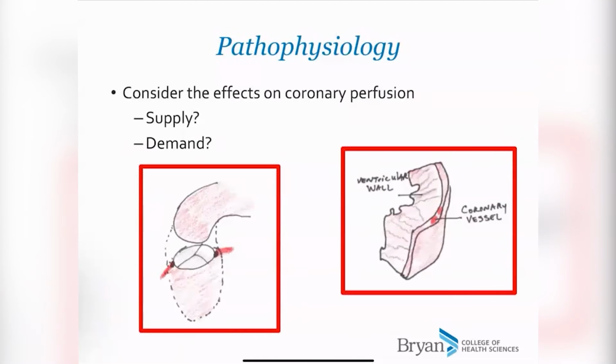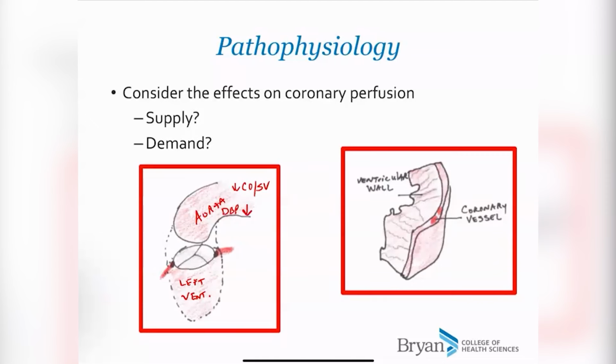So the other consideration is the effect on coronary perfusion. When we think about supply, we just talked about the fact that the amount of cardiac output actually going across the aortic valve may be decreased, which means that our diastolic blood pressure out here is likely to be decreased.